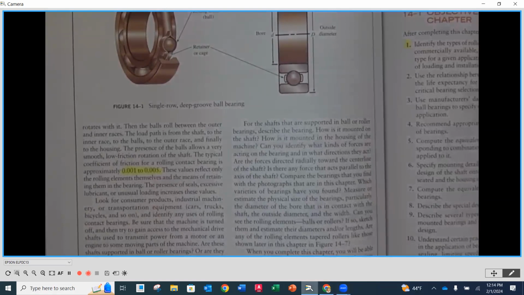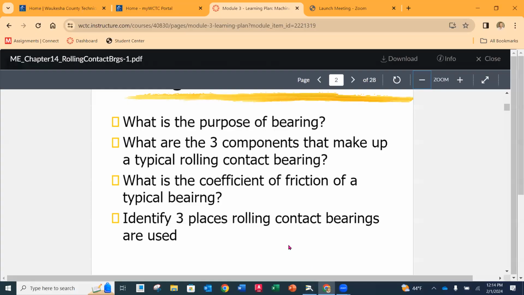Good, good. Our next one is identify 3 places rolling contact bearings are used. So we already heard about wheel bearings on cars, crankshaft bearings. Where else do we see bearings? Rollers on an assembly line. Yep, absolutely. Gearboxes. Yep, on the shafts, right? That are going to be supporting the gears and stuff.